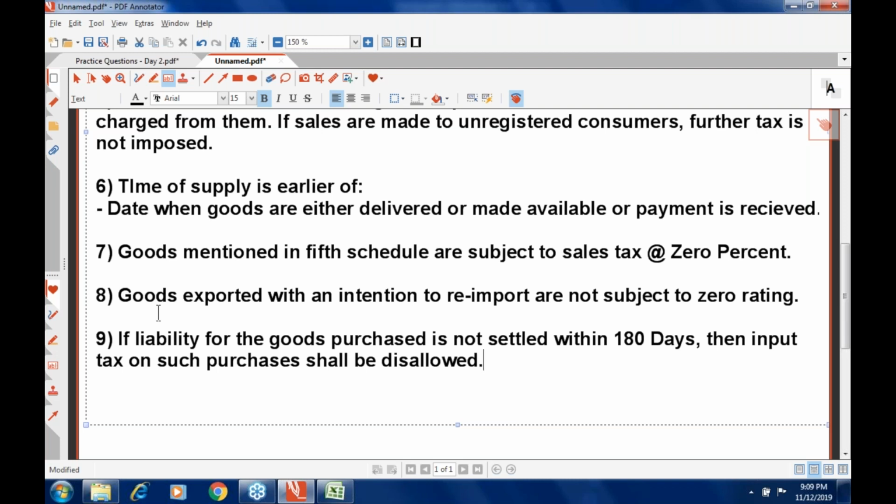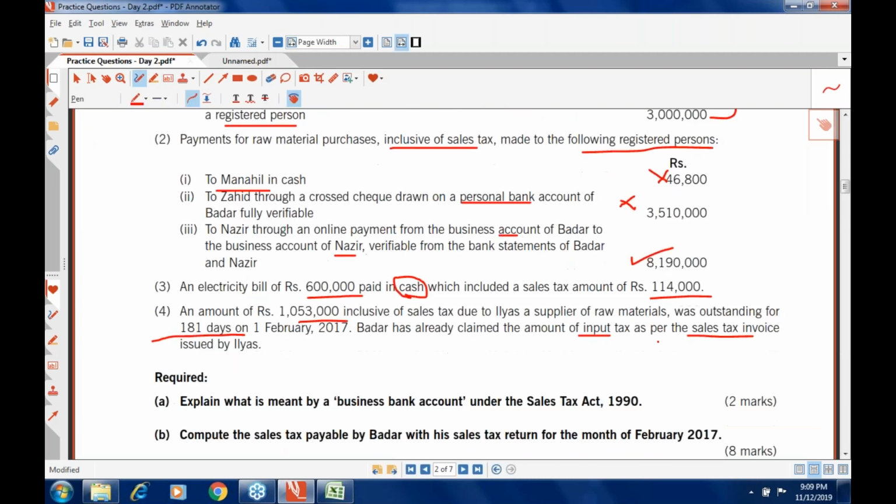So if there is a liability which has not been settled within 180 days, then whatever the input tax on such purchase, that input tax will be disallowed. So this input tax will be disallowed because it has been more than 180 days since we have not made payment.